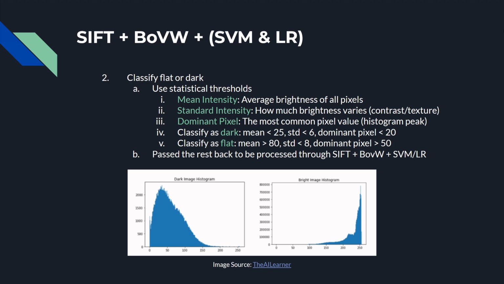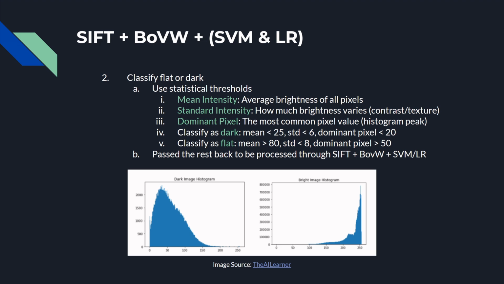To classify an image as dark, we had to have a mean intensity of less than 25, a standard intensity of less than 6, and a dominant pixel value of less than 20. And to classify an image as flat, we had to have a mean intensity of greater than 80, a standard intensity of less than 8, and a dominant pixel value of greater than 50. These are numbers that we picked and we messed around with, but these can be adjusted as well.